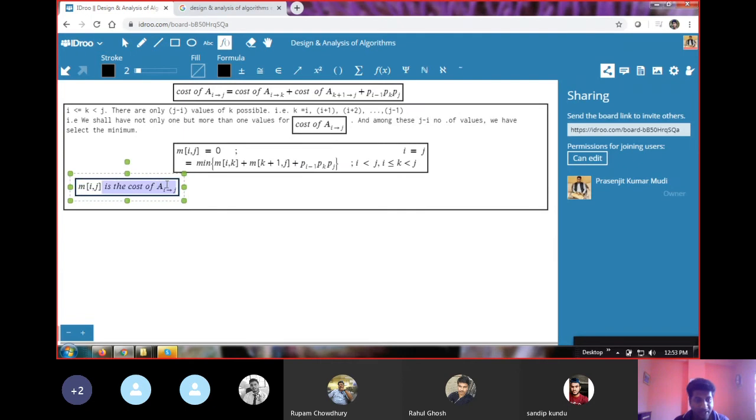This is the matrix product A i plus 1 up to A j, and the cost of computing that matrix product is m i j. Similarly we have s i j. Let s i comma j be the value of k that provides m i comma j. So this is the meaning.